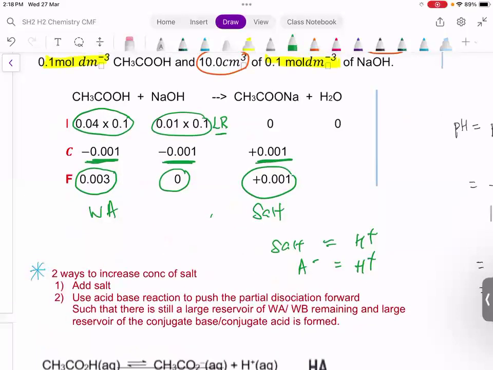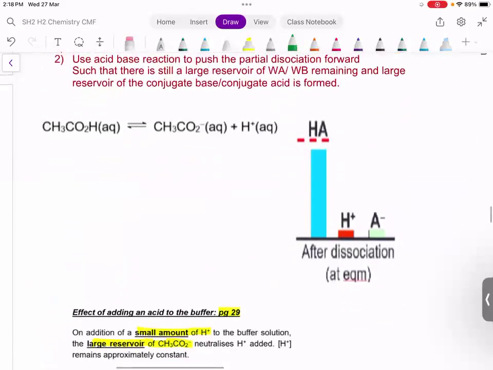If you go back to the idea here, your H plus reacts with the OH minus to form water. So there will be a drop in the H plus in this equilibrium system. Agree? So therefore, according to Le Chatelier's principle, what will happen? The position of equilibrium shifts forward.